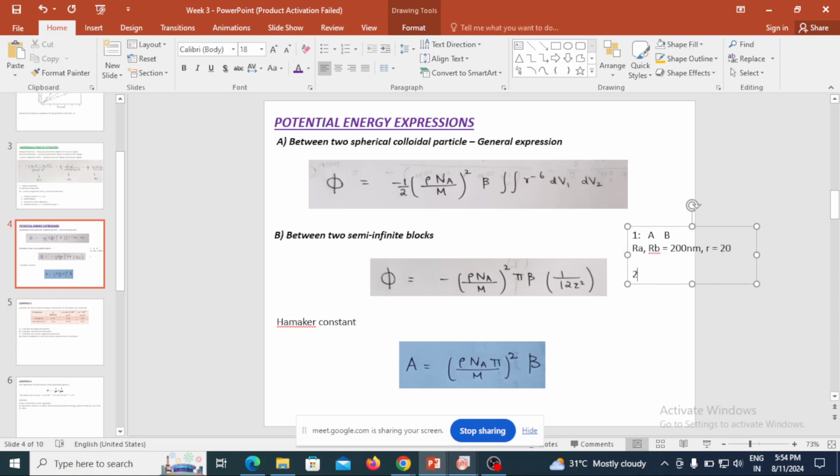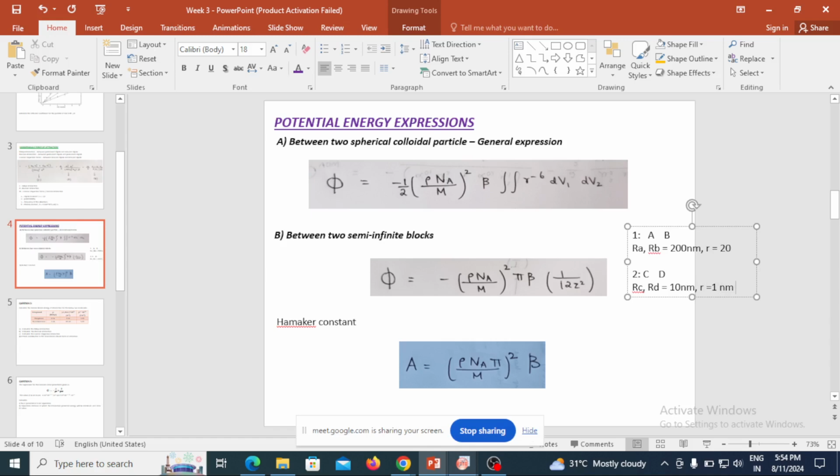Then we have a system 2 of particles C and D. Let's say Rc and Rd are of diameter 10 nanometers, and let's say they are separated by a distance of R, which is 1 nanometer.